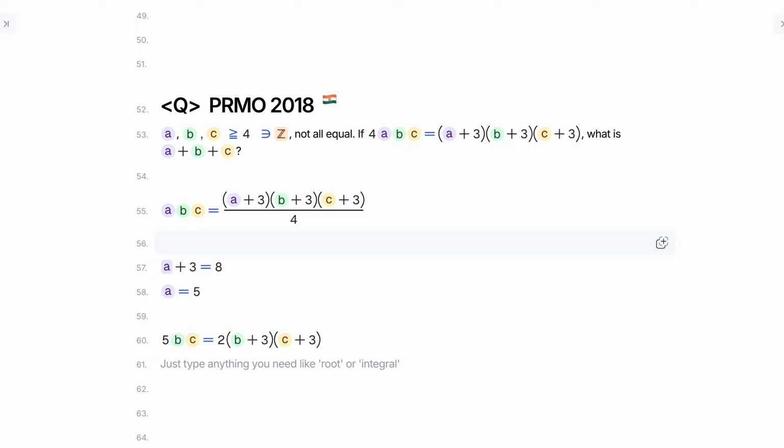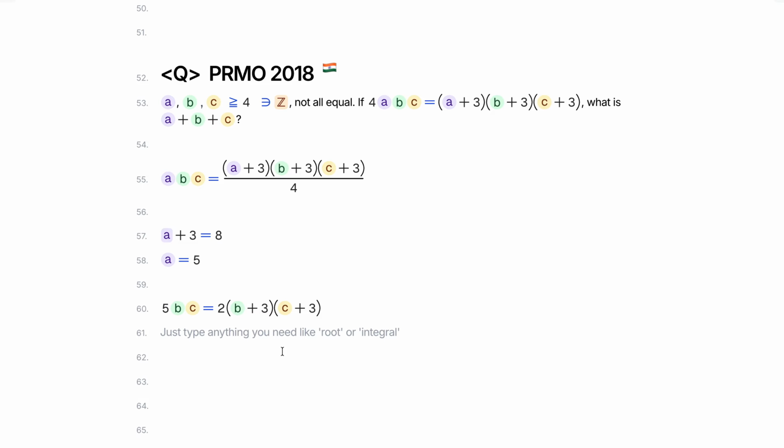Now, since the RHS has 2 in it, the LHS has to be a multiple of 2, right? So here you can consider B as, let's say, 2, but that is not allowed because B has to be greater than or equal to 4. So let's say you take B as the very minimum even number, because that will be divisible by 2. So let's say we take B as 4, right?